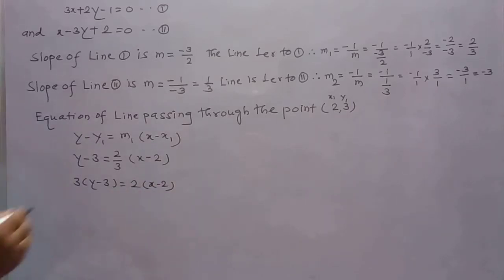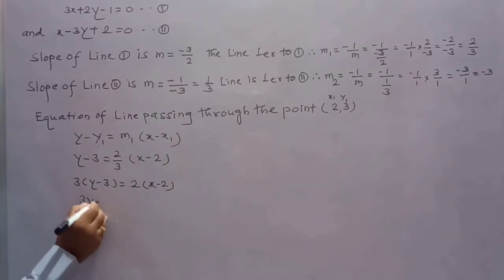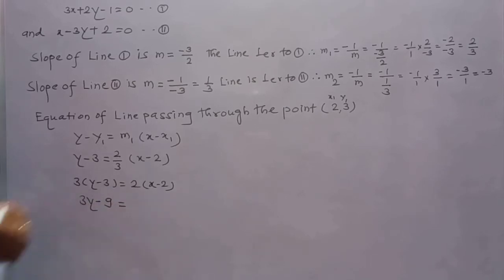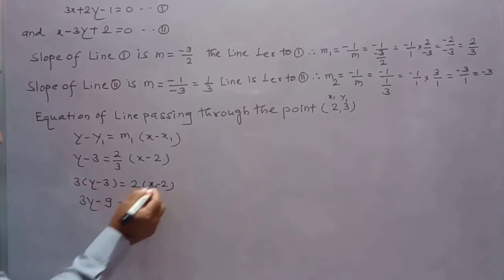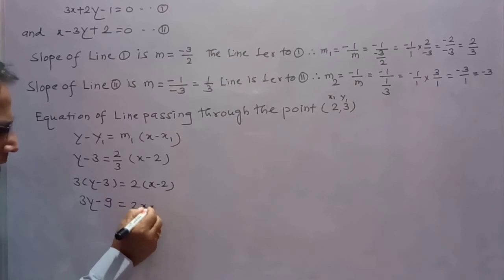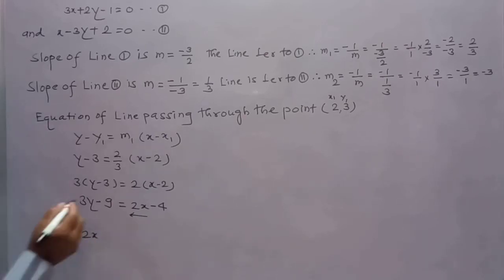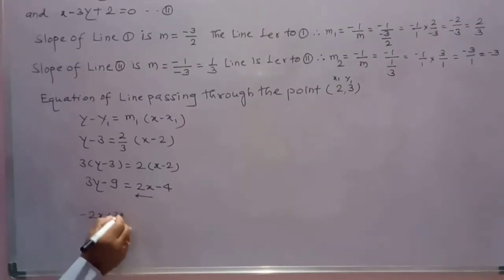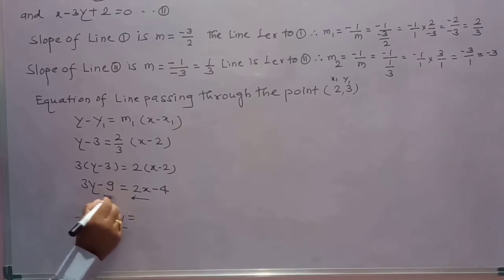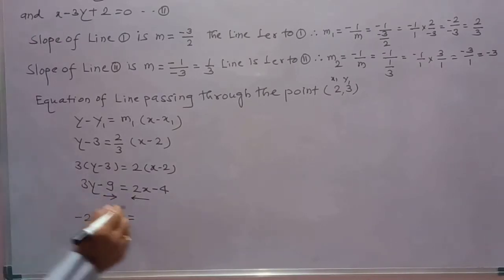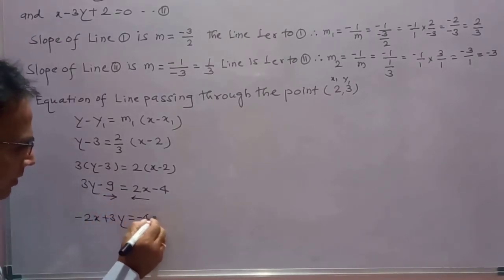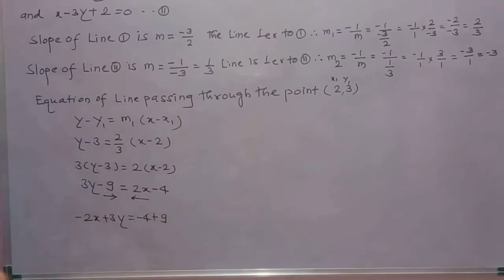We multiply 3 into y, 3y, 3 into minus 3, minus 9, equal to 2 into x, 2x, 2 into minus 2, minus 4. Therefore, transpose the 2 on the left side: minus 2x plus 3y equal to minus 9, transpose on the right side minus 4, and this minus 9 is plus 9.